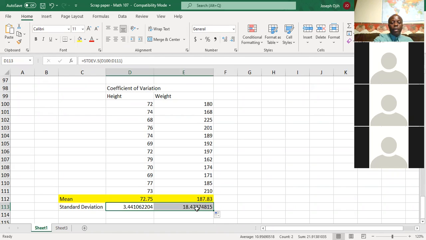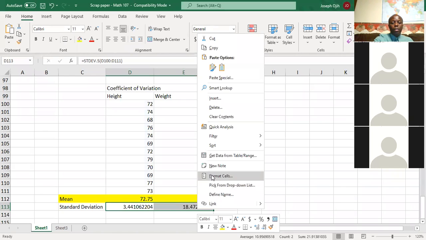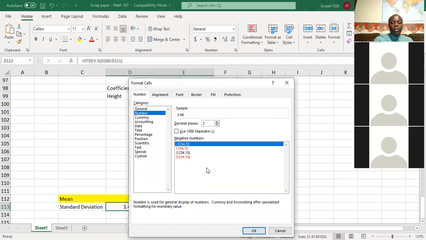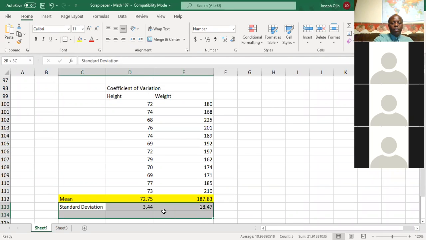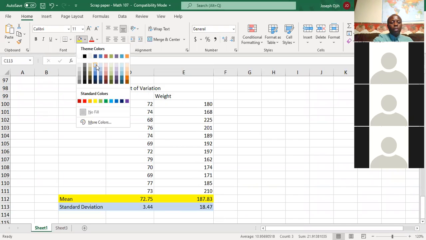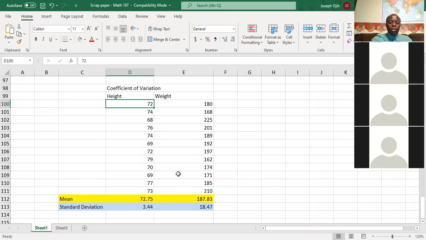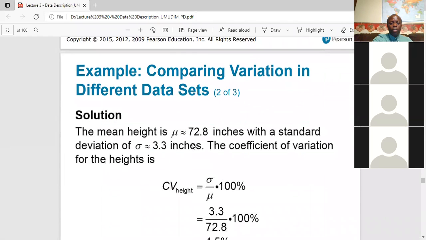Then right click it and format the cells to make it to the decimal places. So this becomes your standard deviation. These are done already inside the PowerPoint, so you can see what you have here. Let us go to the PowerPoint now. So we have the mean and standard deviations for these two values.